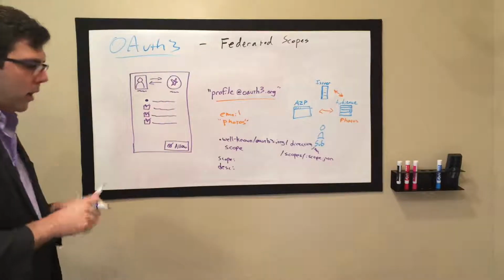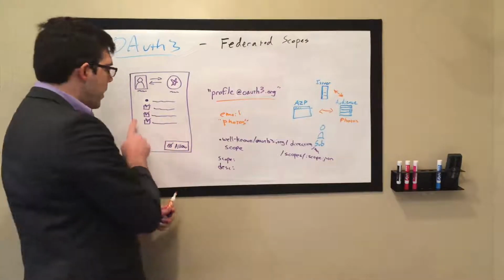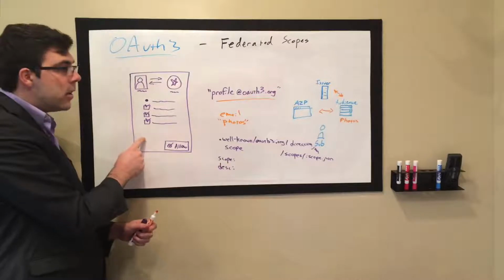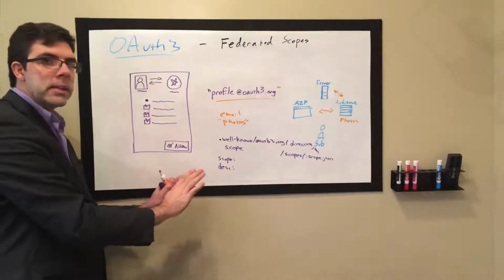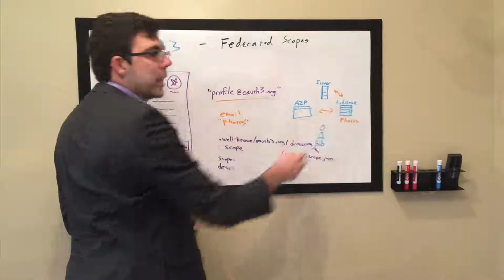So this way, when a token issuer opens up an authorization dialog, it doesn't need to know beforehand what it's granting access to. This gives a complete separation of concerns between the issuer, the authorized party, and the audience.